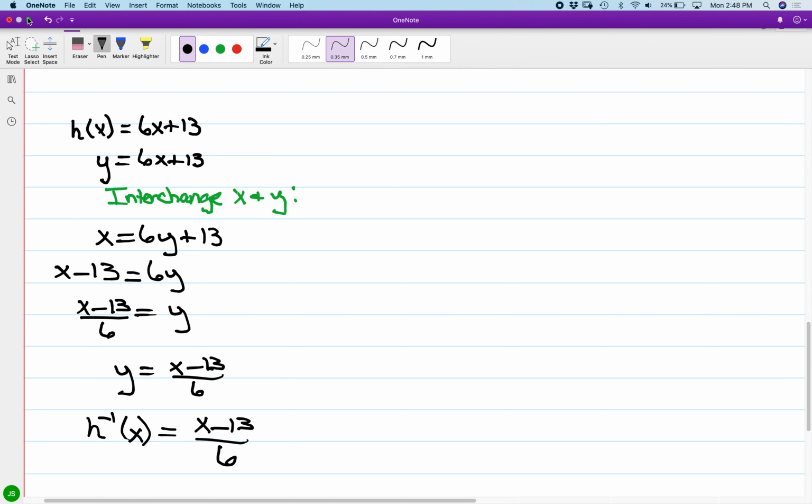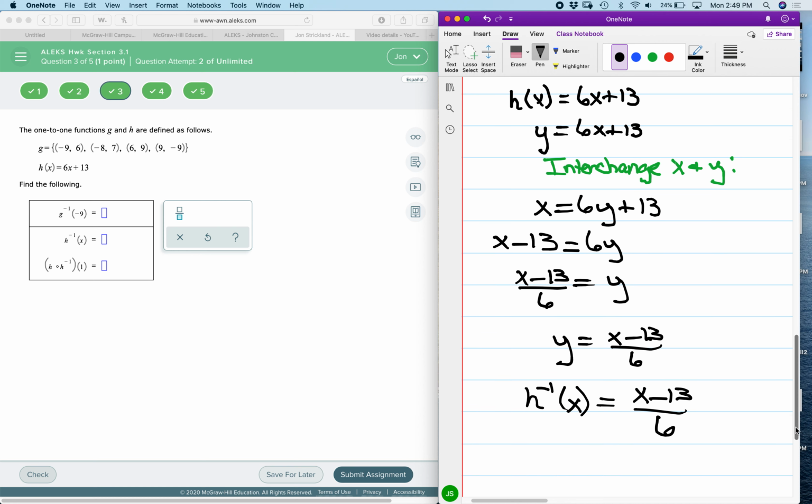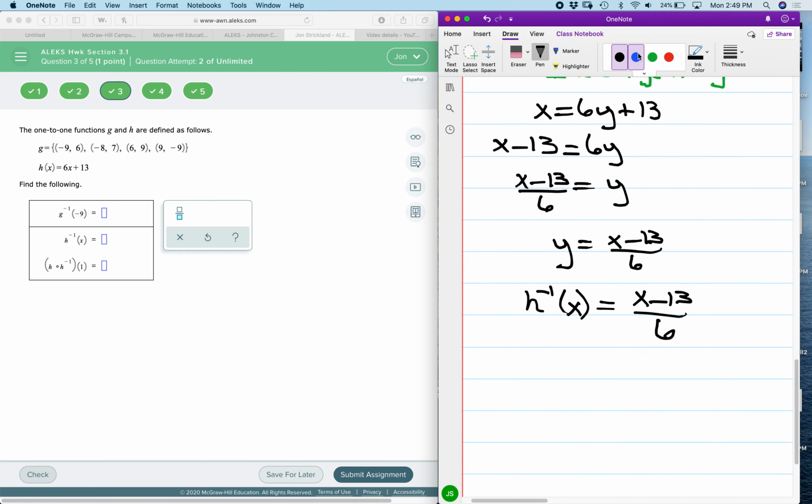Now, in looking at a function and its inverse, for h composed with the inverse at 1, since h is a one-to-one function, the composition between a one-to-one function and its inverse at x is always equal to x.